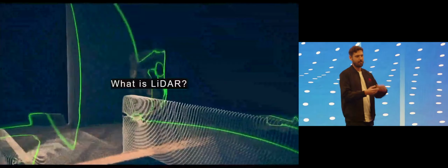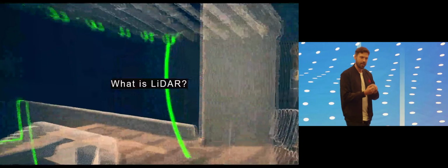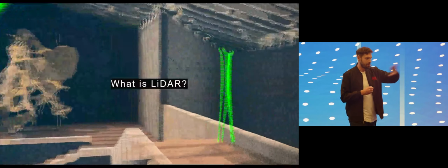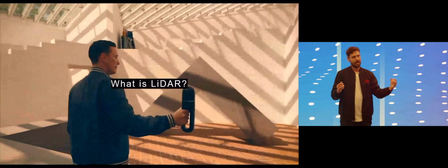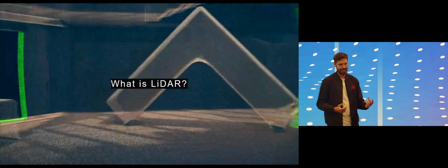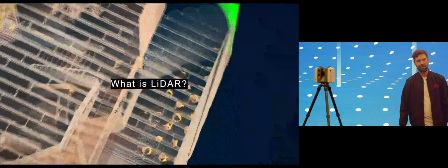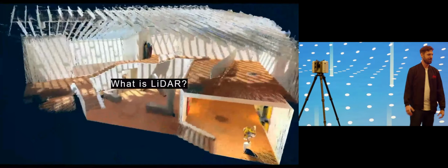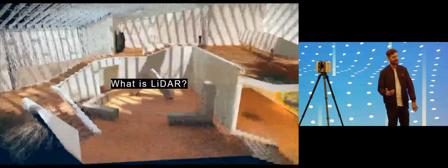It works by prisms rotating around, with the LiDAR light bouncing off all the surfaces in the nearby area and then bouncing back to the device, creating a point coordinate. Actually, this RTC here can scan over 2 million points per second. So you can really get a lot of detail very quickly.